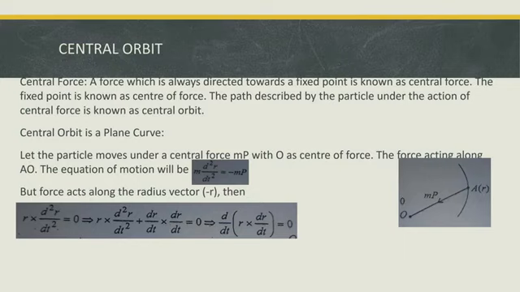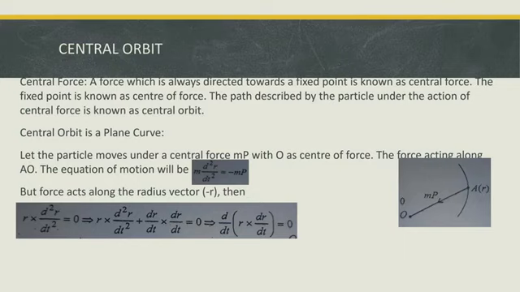Let the particle move under a central force MP with O as the center of the force. The force acting along AO, the equation of motion will be given as follows. But the force acts along the radius vector, that is minus r, then we get the following equation.